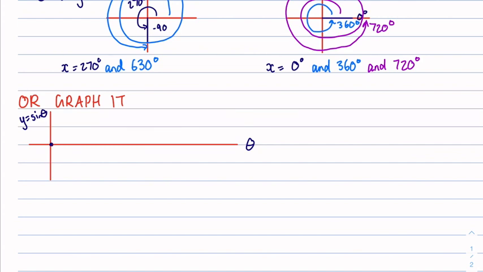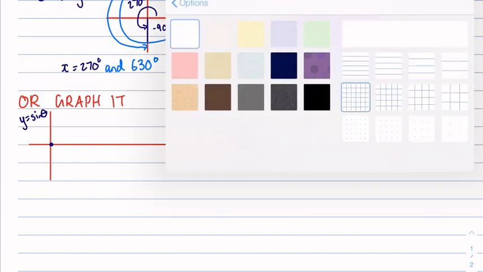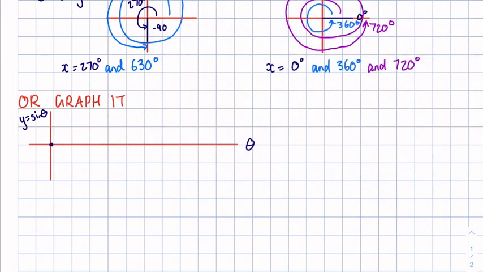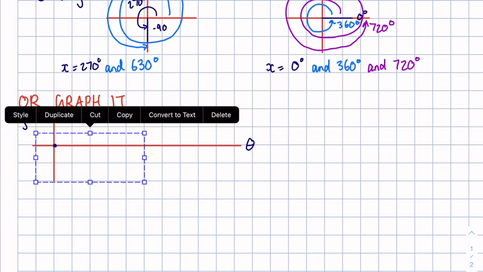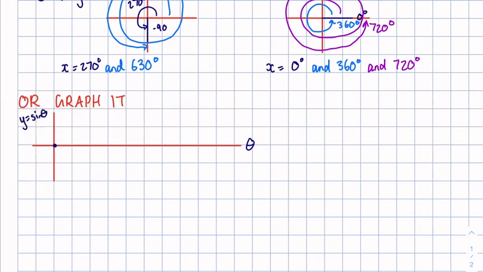Let's just say we've got 0, 90, 180, 270, 360, 450, 540, 630, 720, yeah? Mostly because they told us to go up to 720.